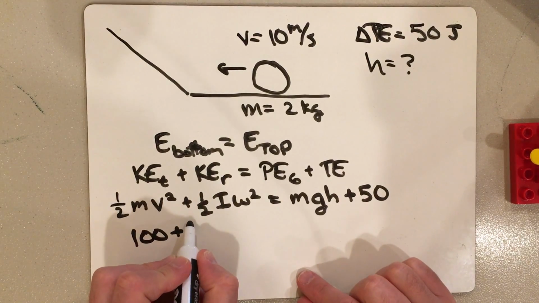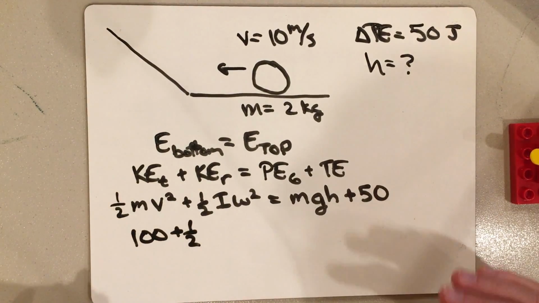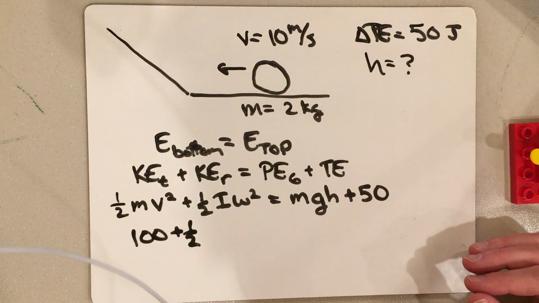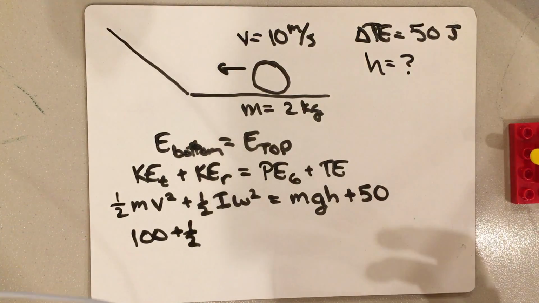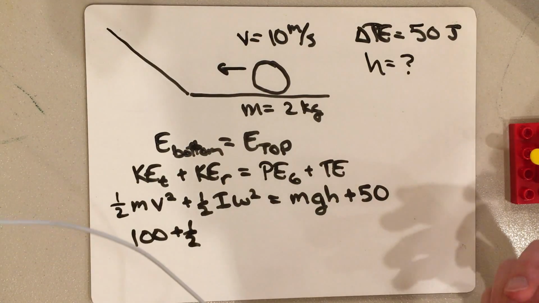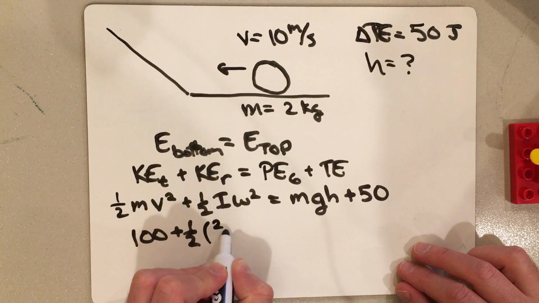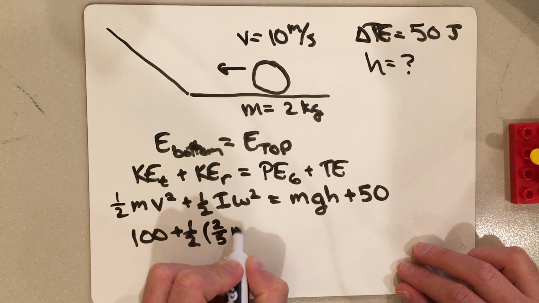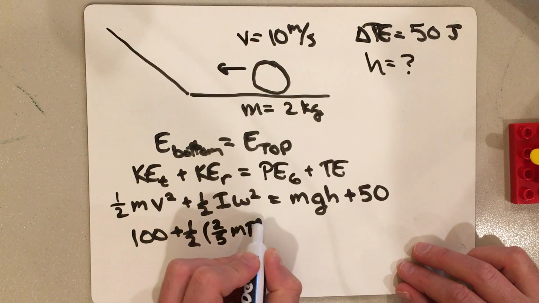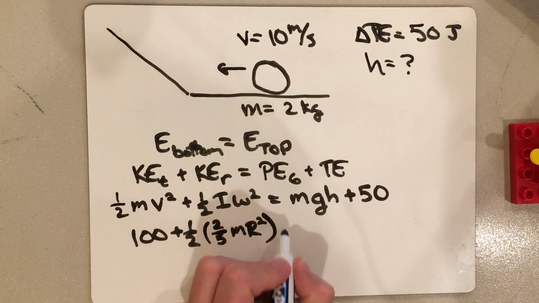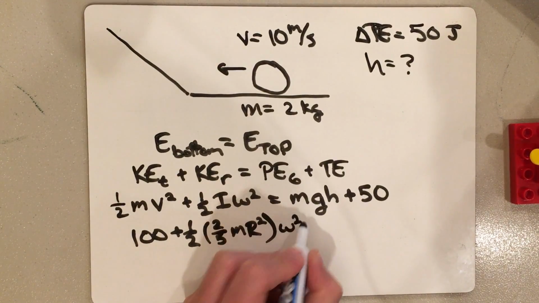Now for my moment of inertia, I said it was a ball, so that means I need the moment of inertia for a sphere. We'll say it's a solid ball, so a solid sphere. The moment of inertia for that is 2/5 m r squared. And then I've still got my omega squared.